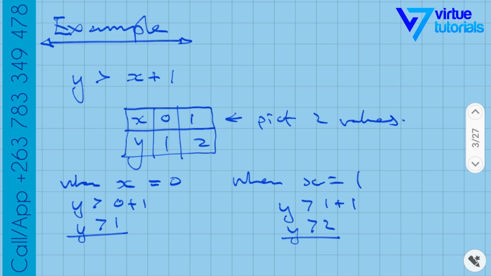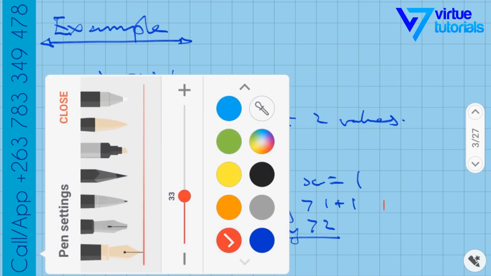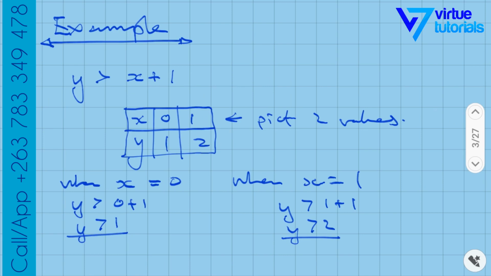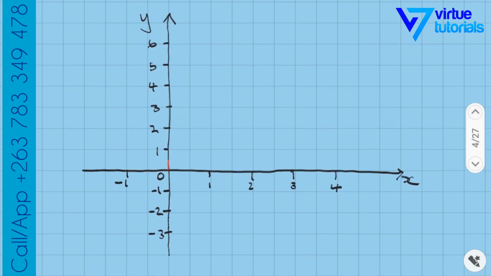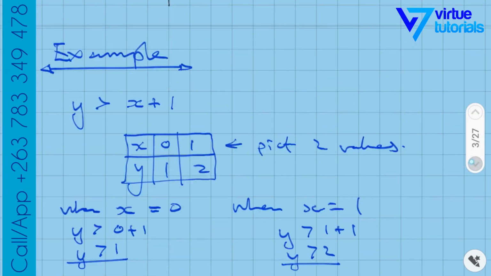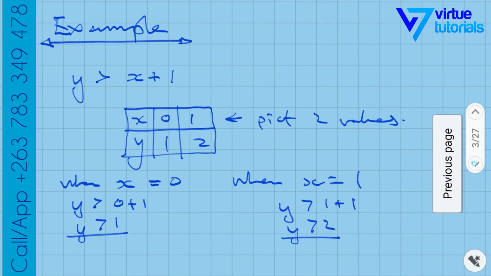So we can go and mark those off on our graph. 0, 1, there's the point. 1, 2, there's the point. Now we have to draw a line through these points. But before we draw a line, remember we need to decide what type of line we are going to draw. Since we have a greater than sign like this one, we're drawing a broken line.